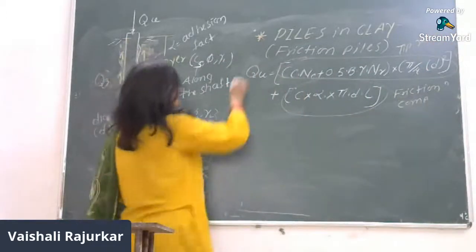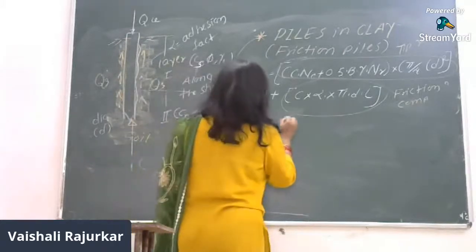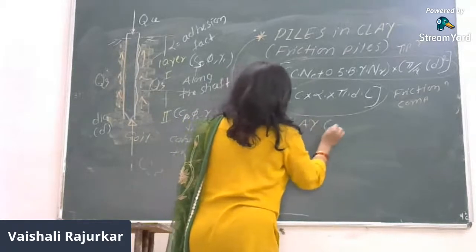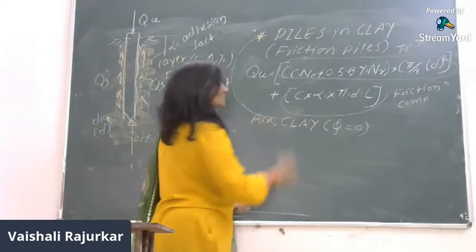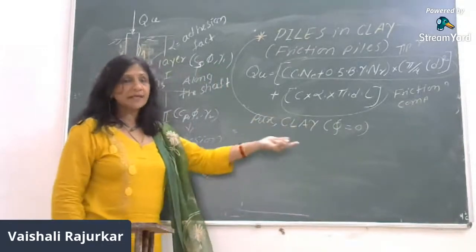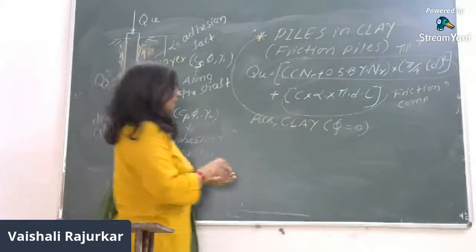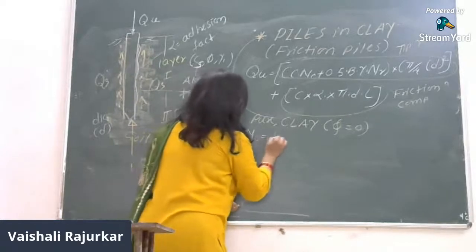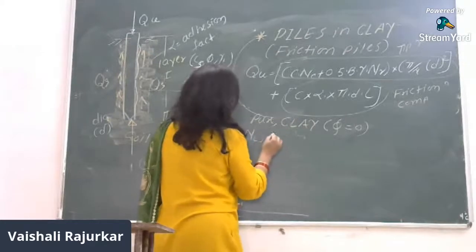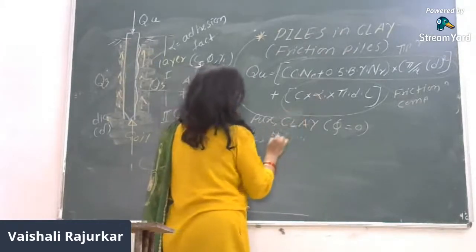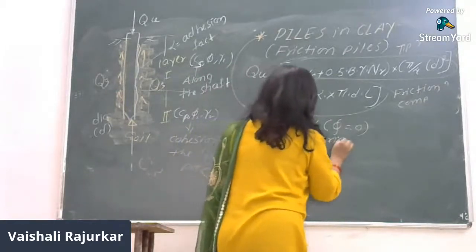Now suppose we consider the soil is a pure clay. If the soil is pure clay, then phi is equal to 0, and when phi is equal to 0, NC can be varied. What is NC? NC is the bearing capacity factor.